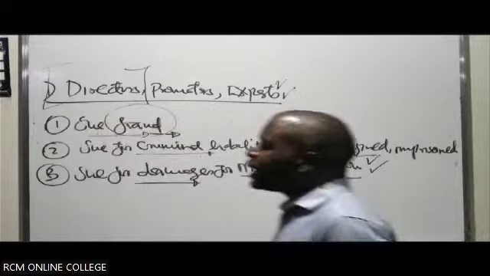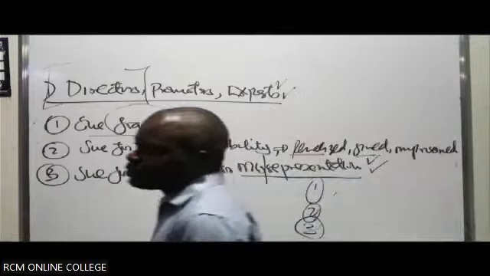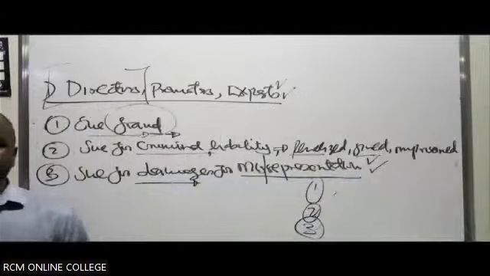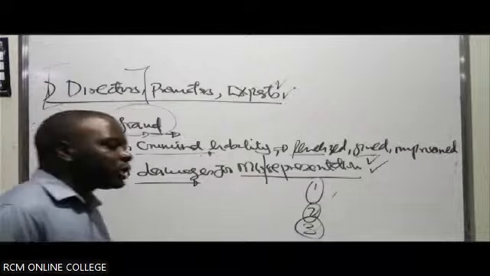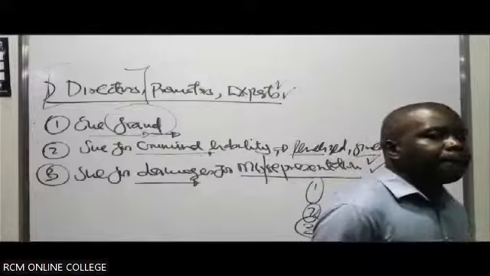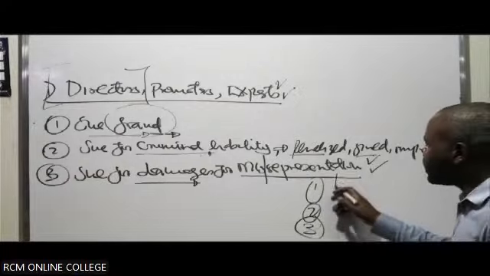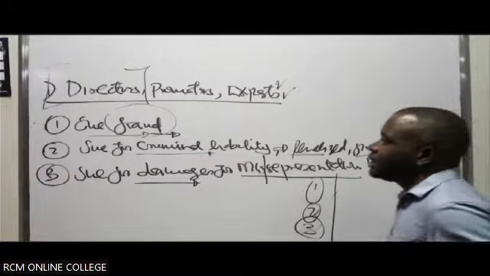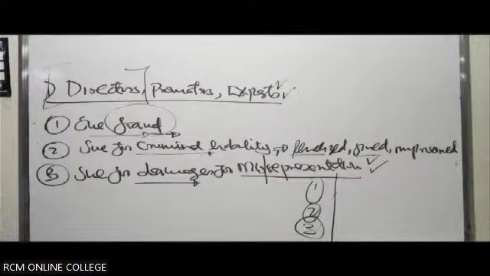Number three, you relied upon information from an official officer of the company, be it the finance manager or the human resource manager, and from his statement you were able to rely on his information to publish certain information in the prospectus. So with those, you can actually be able to defend yourself as a director of the company.